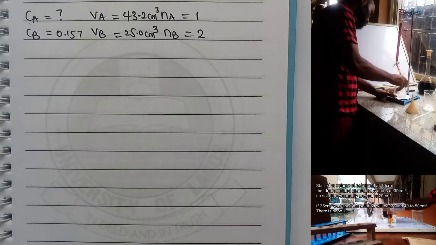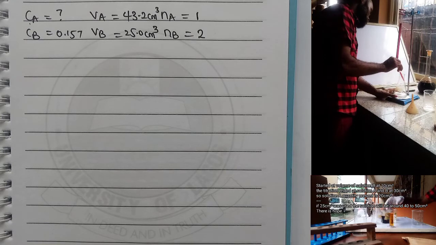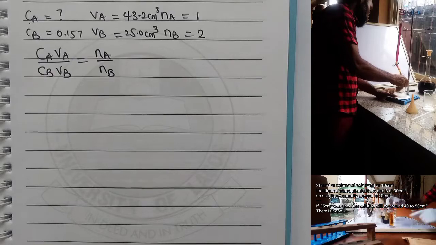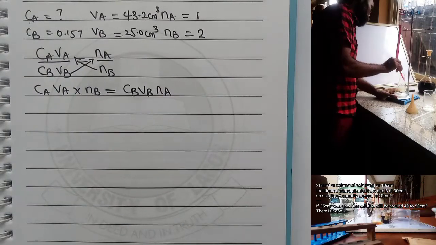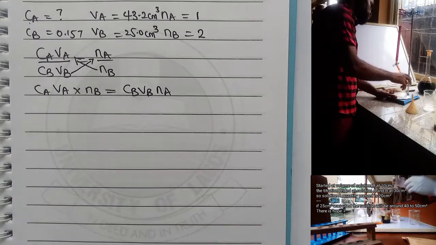Therefore, we can make use of CAVA over CBVB, but we are looking for Ca. So Ca becomes, dividing both sides by VANB, we will have this.